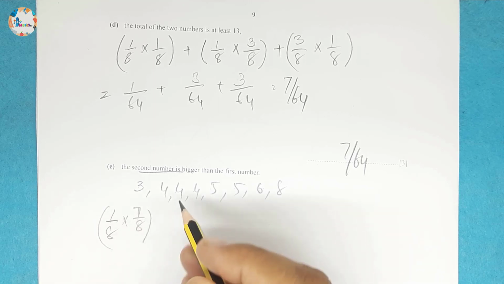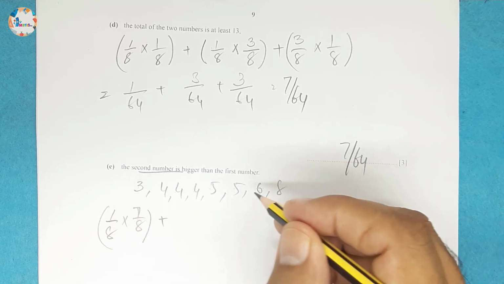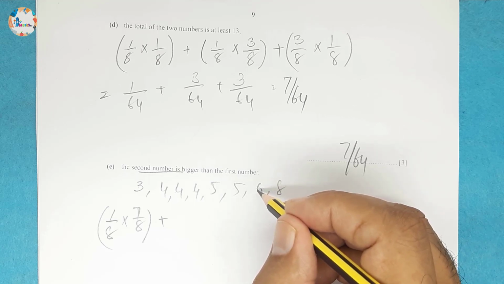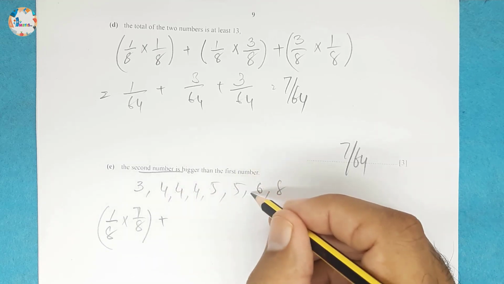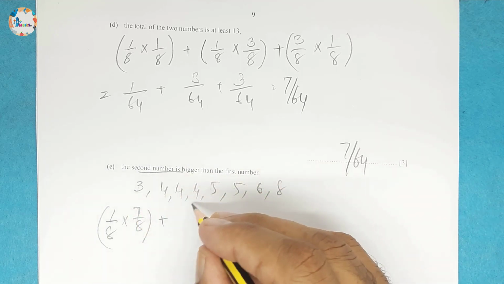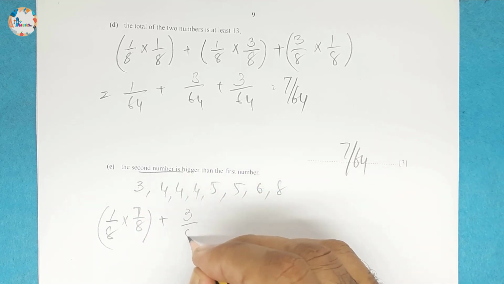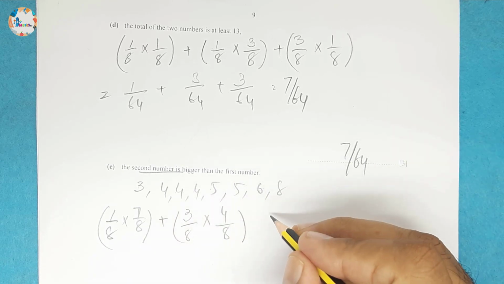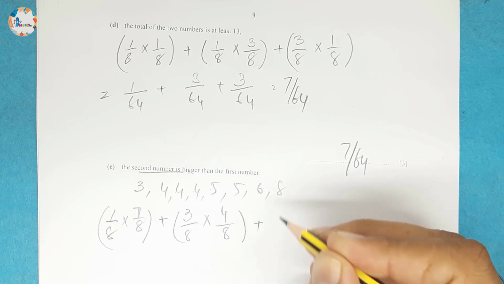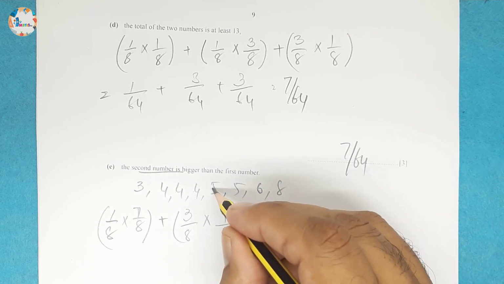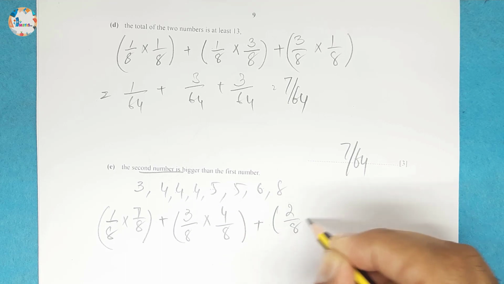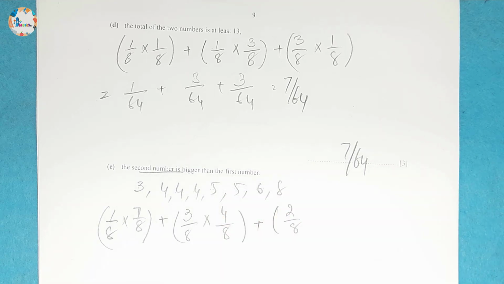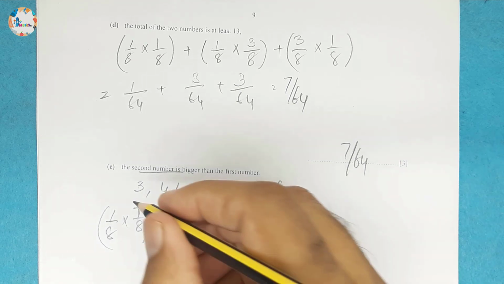Or what are the other options? Another option can be, for example, this one, 3, and 4 as the other. So 3 by 8 and the others, 4, will be 4 by 8. Another probability can be 5, so 5 will be 2 by 8, and lesser than 5 it can be 2 by 8 and 2 by 8, because it's 3 and 4.